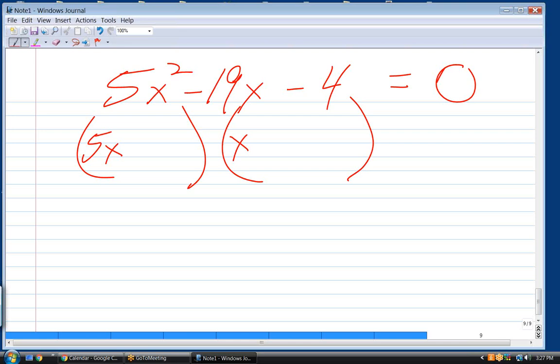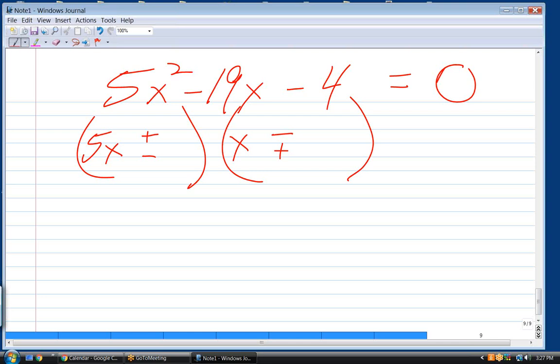Let's figure out what both signs have to be. They have to be the same or opposite? Opposite. So plus, minus, or once again, that's not going to be the same as minus plus. So I have to allow for that. Now we're looking for factors of 4.